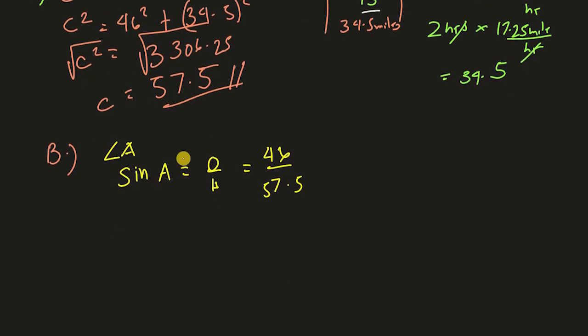So sine A is equal to 46 over 57.5. On the calculator, shift sine of 46 divided by 57.5, the answer is approximately 53 degrees.